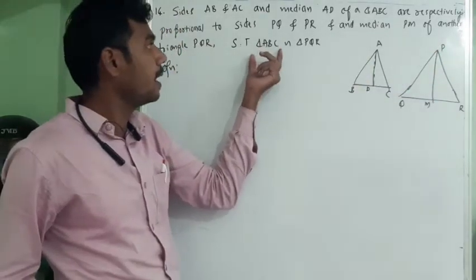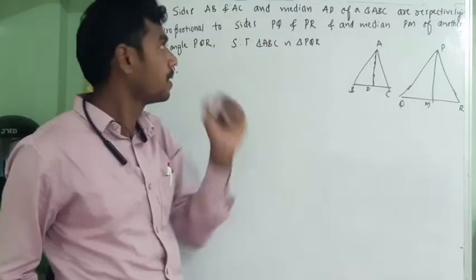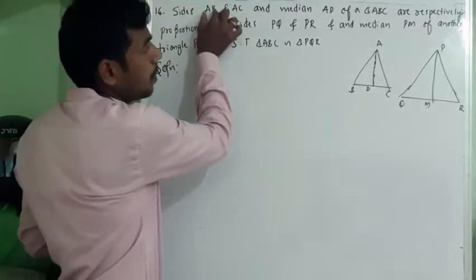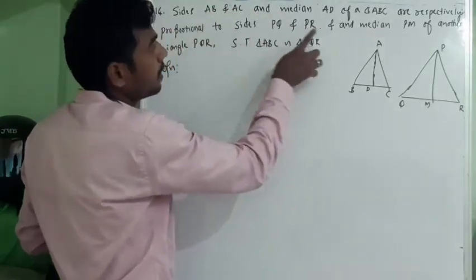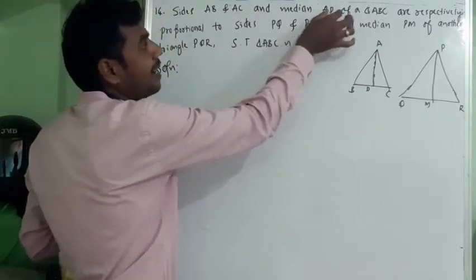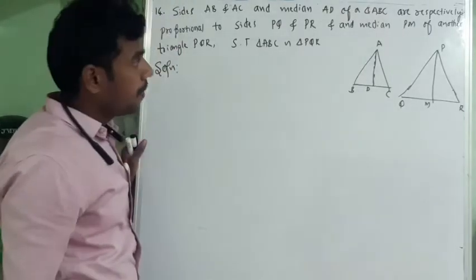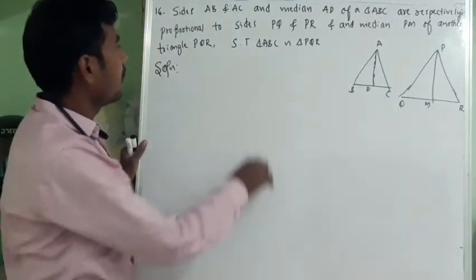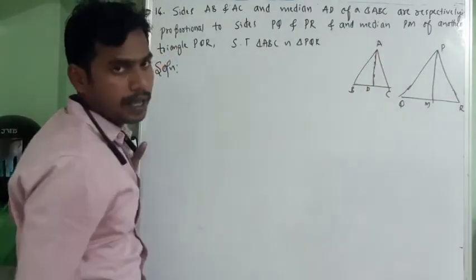Show that triangle ABC is similar to triangle PQR. See, here AB is proportional to PQ, AC is proportional to PR, and AD is proportional to PM. And we need to show triangle ABC is similar to triangle PQR.